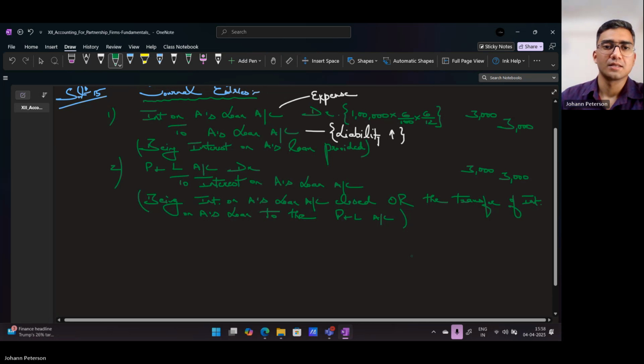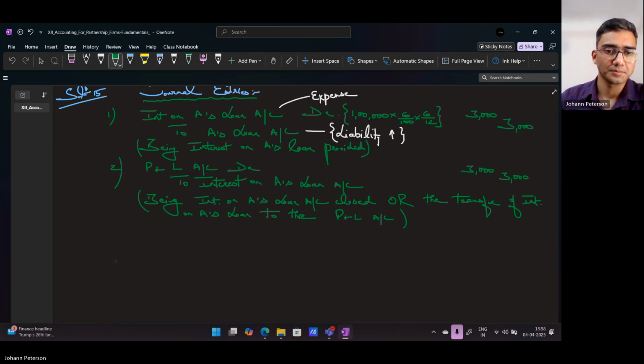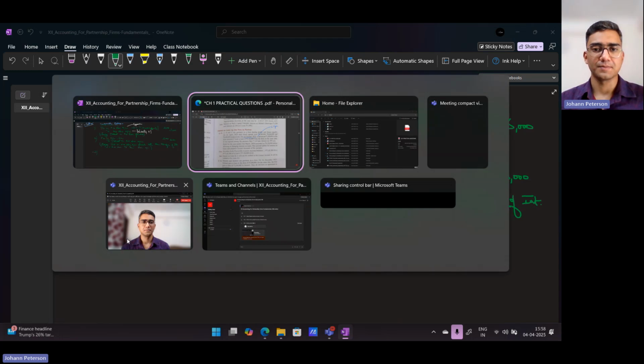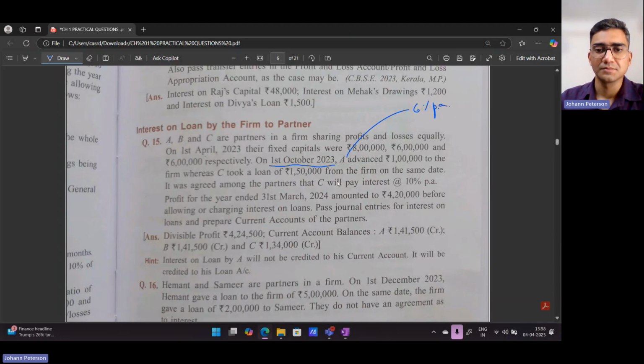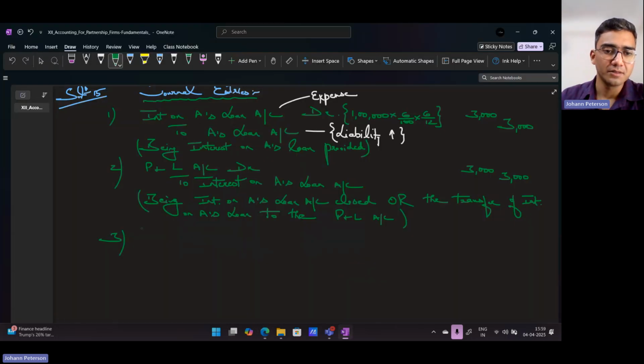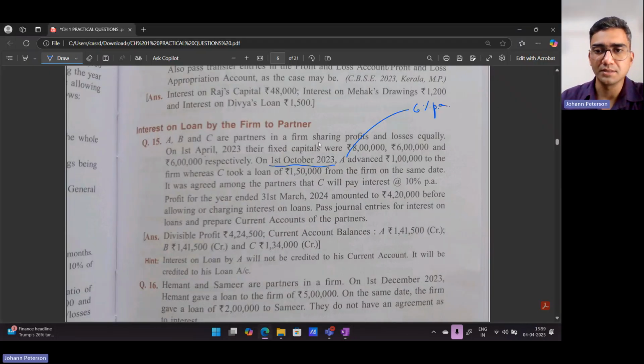Okay. The third entry now. Now we are talking about the second person. The second person was C. So C took a loan of 1,50,000 from the firm on the same date. So when C takes a loan, the entry will be, since the partners are not, okay, it is saying that their fixed capitals are this much.